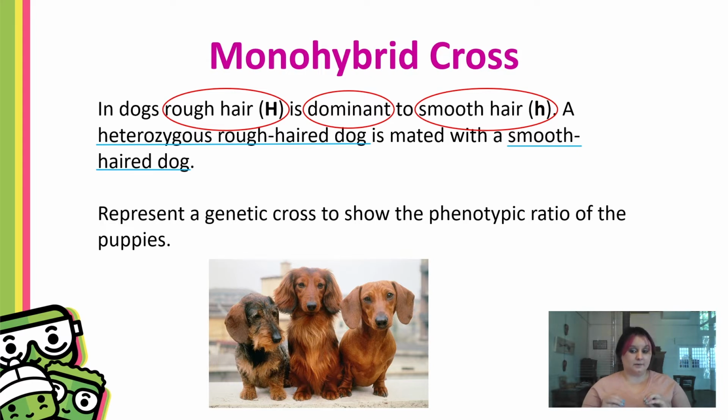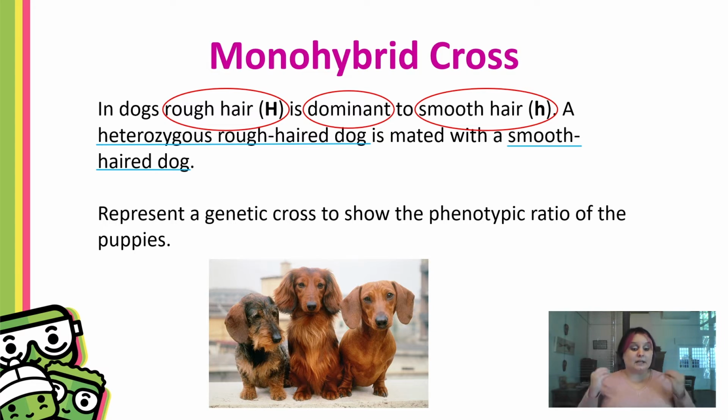And now we know that in order to inherit smooth hair, one has to have 2 copies of the recessive allele, the small letter h, which in this case is the homozygous parent, because homozygous, homo meaning the same. So that smooth-haired dog will have 2 copies of the same allele. So from this information, we've already managed to work out the phenotypes and genotypes of the 2 parents.